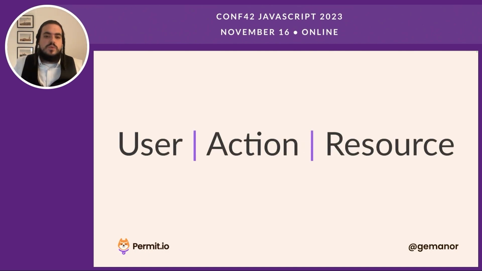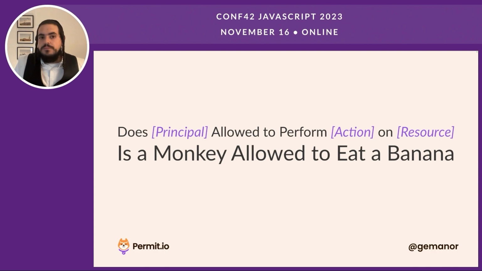What is the easiest way to model? Think about 3 principles. In our application, we will always have 3 principles when we want to get a decision. A user, or other principal, maybe a service; an action, what they want to do; and a resource, the resource that they want to do it on. So for example, a permission decision is: is a monkey allowed to eat a banana? A monkey is the user, eat is the action, and banana is the resource.